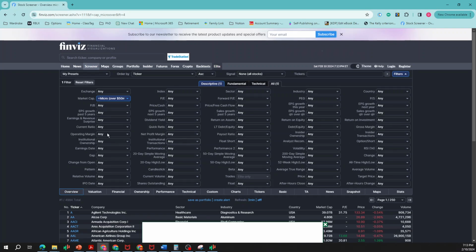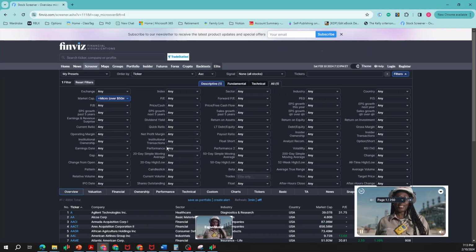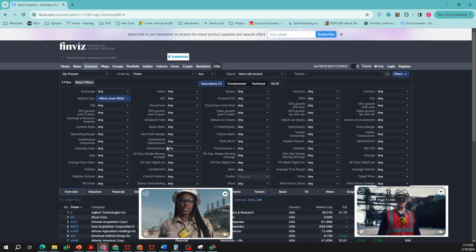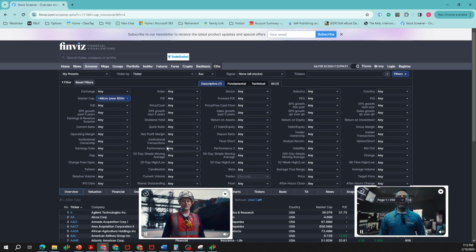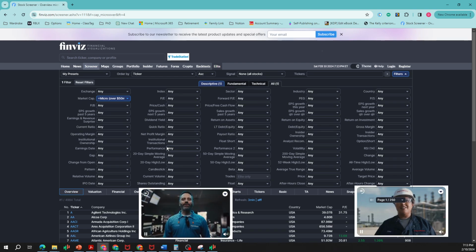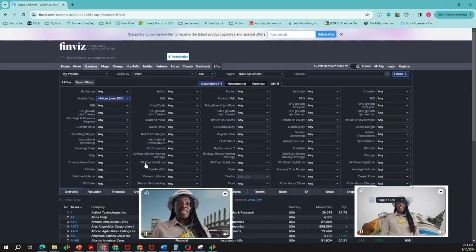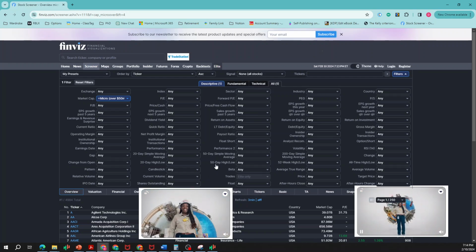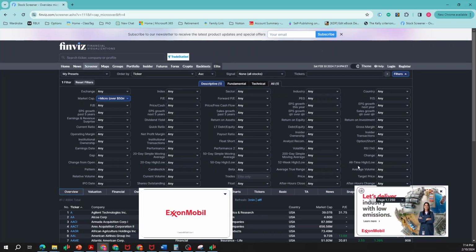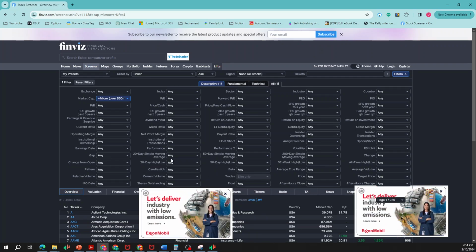And if you look through the options here, there's no way to describe something that's hitting a new high or a new low the way that I've described in TC2000. But they have a 20-day high low and a 50-day high low and a 52-week high low, and there's an all-time high low.